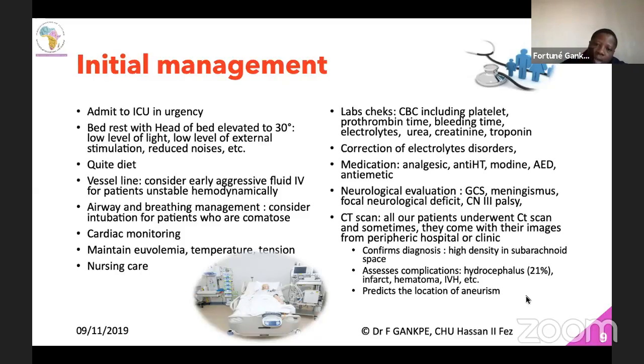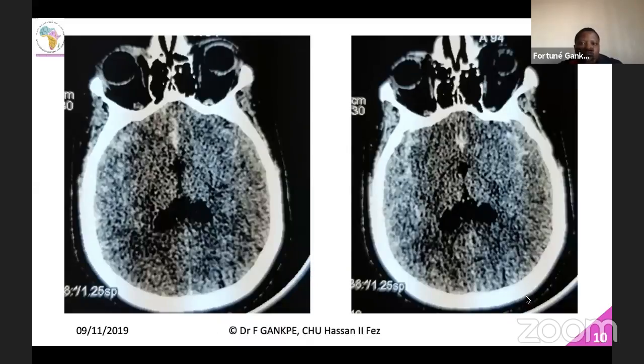The CT scan can also predict the location of the aneurysm. Here is an example of a CT scan. You can see the hemorrhage in the sylvian fissure and also in the interhemispheric space.